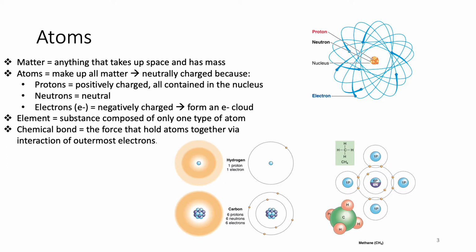But this is a mutualistic relationship because the hydrogen atoms can also get the electrons from the carbon to completely fill its outermost shell to become stable. Each of these electron pairs forms what we call a covalent bond.